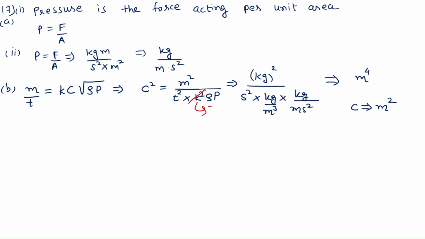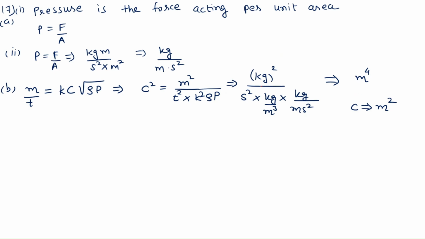Now we have rho. Rho means mass per volume, kilogram per meter cube. And the last, pressure, means Newton per meter square, which is kilogram per meter per second square.